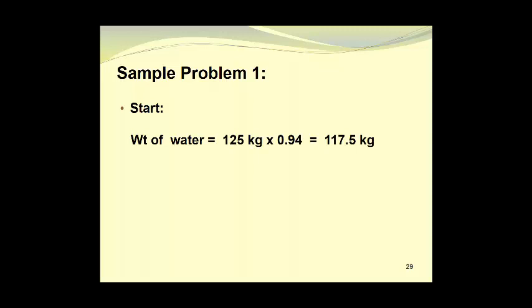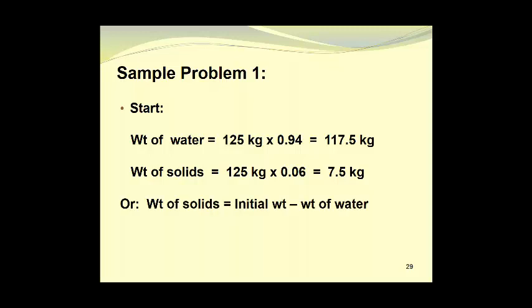At the start, the weight of the water is going to be equal to 125 kilograms times 94% water as a decimal fraction, and that gives us 117.5 kilograms of water. The weight of the solids will be equal to 125 kilograms times 6% as a decimal fraction, which gives us 7.5 kilograms of solids at the start.